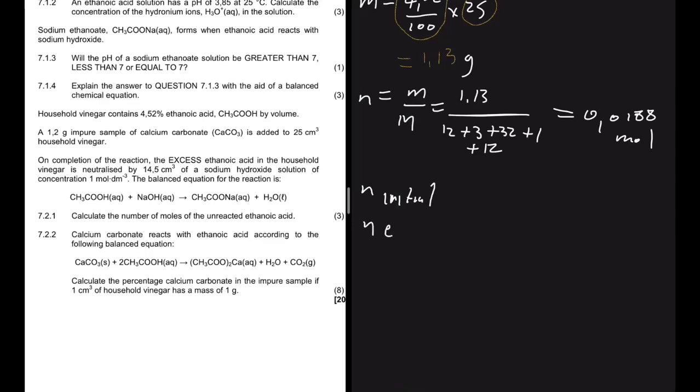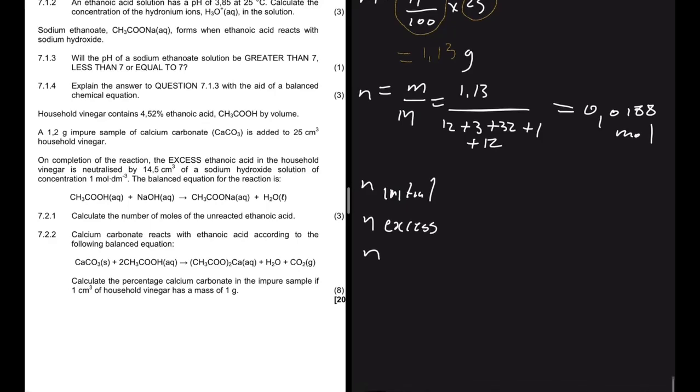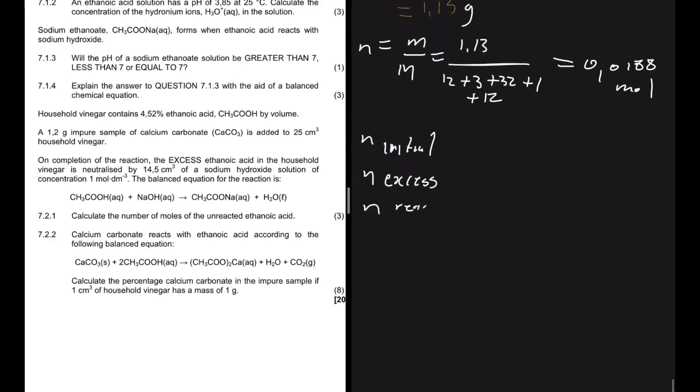So now because we have the number of moles initial, right, and we have the number of moles in excess that didn't react, we can then calculate the number of moles that reacted. So number of moles that reacted equals number of moles initial minus number of moles in excess, right?